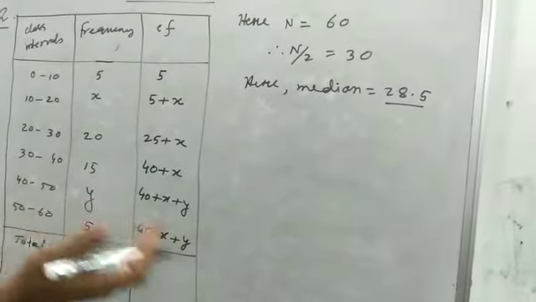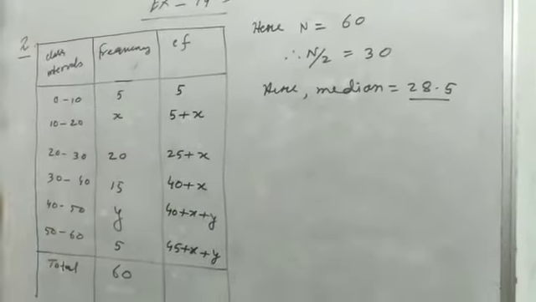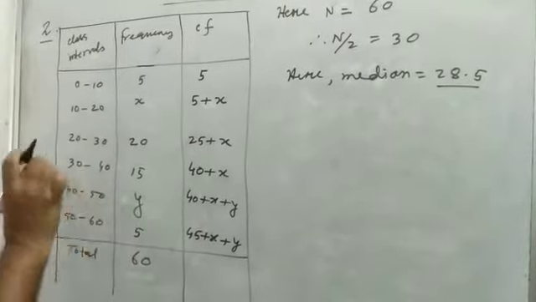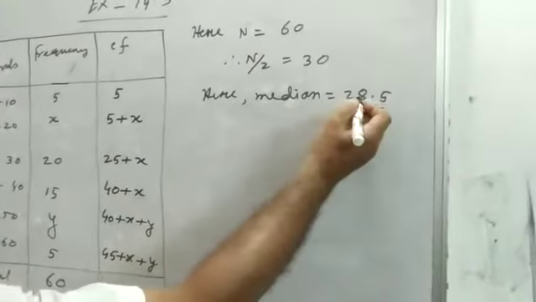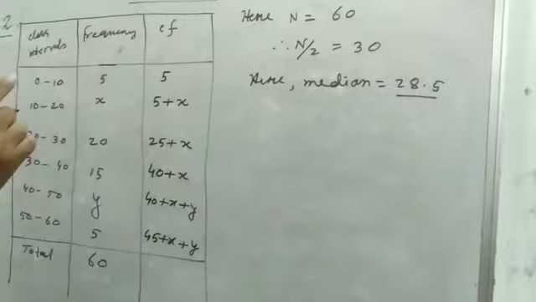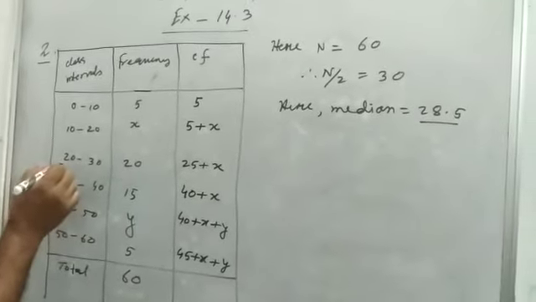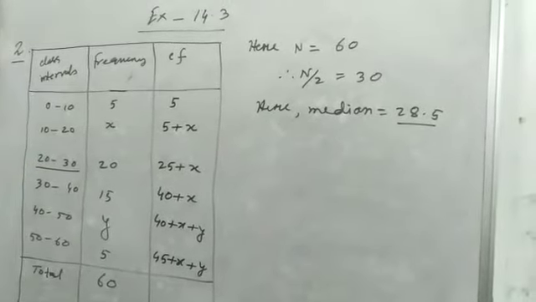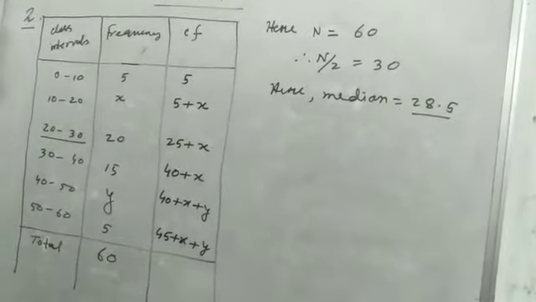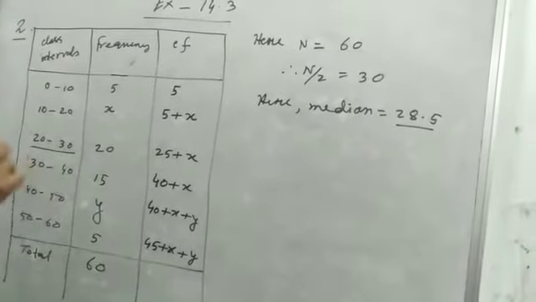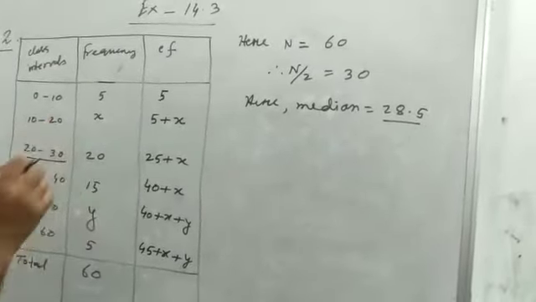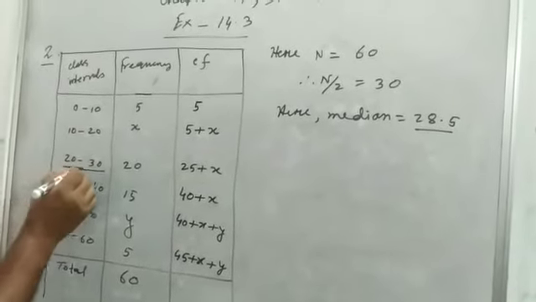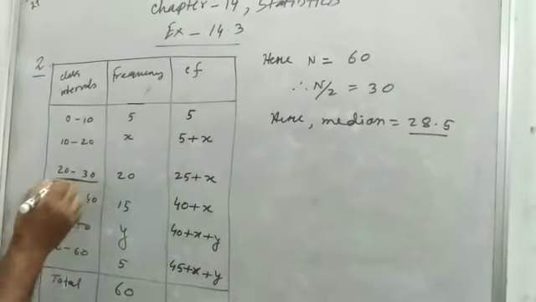Whether mean, mode or median, we find it from the class intervals or whatever data is given. It is clear that 28.5 lies in the interval 20 to 30. This you have to remember to find the median class. So this is the median class.